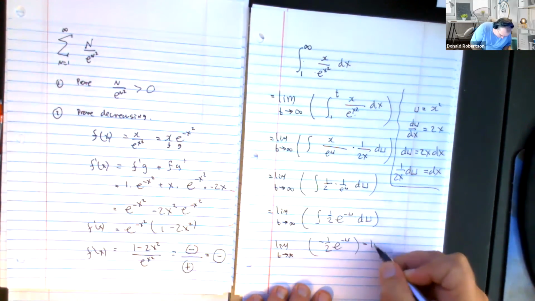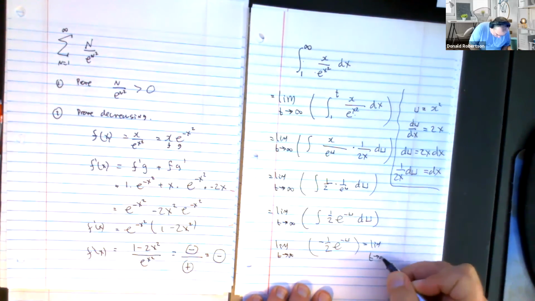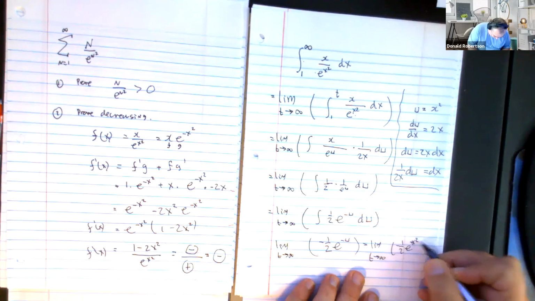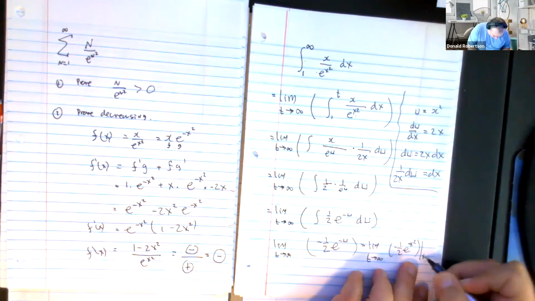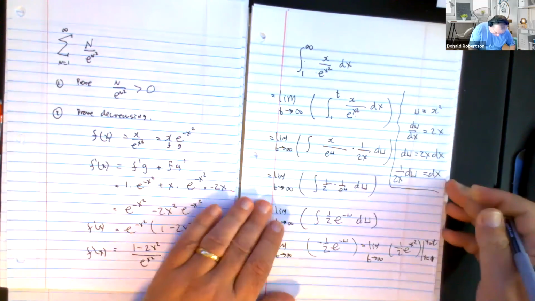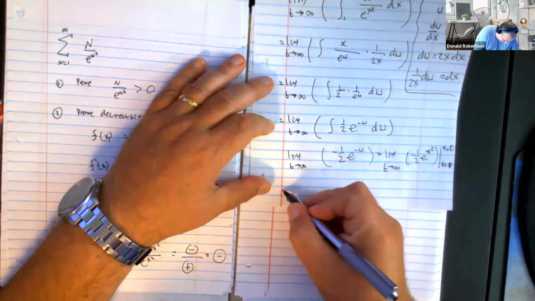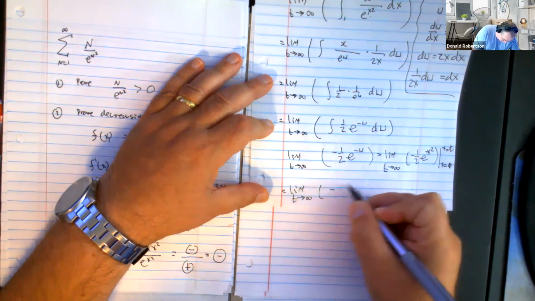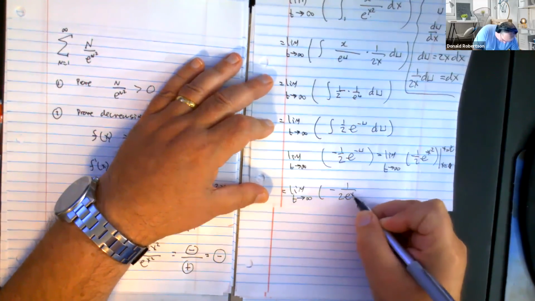Now, running short of room here. Negative 1/2 e to the negative x squared, evaluated at 0, or at 1, I should say, and at t. And that's the limit as t tends to infinity of 1 over 2 e to the x squared.